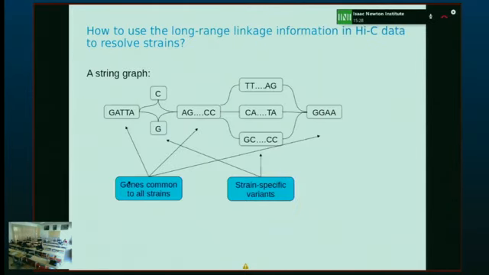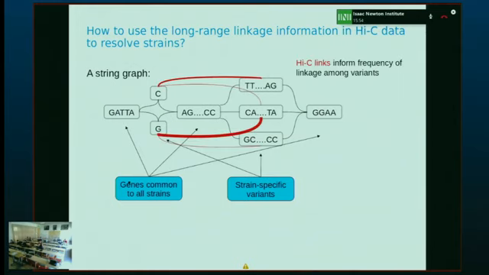So, given that we can generate this data, how do we go about using it to resolve strains? I think we're going to have to invest a fair bit in new computational methods to do this. But just speculating about how it might be done, you could imagine starting with a contig graph or a string graph, which might look something like this, and layering the proximity ligation read data on top of it as weighted links among the nodes.